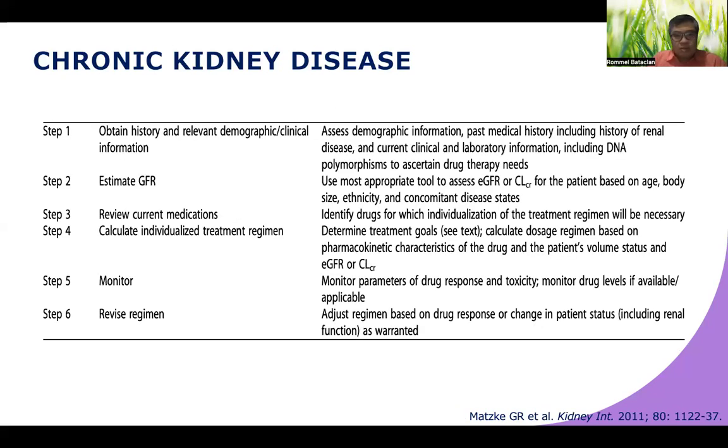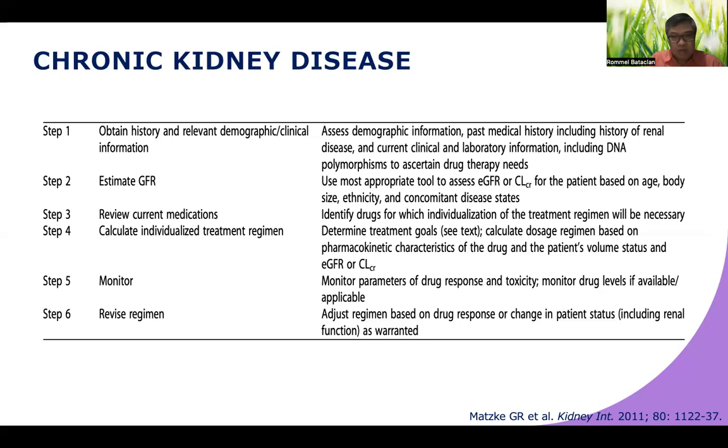So without going into the details of CKD, because that would be discussed in future lectures, it's very important to have a good history and physical examination. Then you have to estimate the glomerular filtration rate, or plainly speaking, the percentage of functioning kidneys in the body.